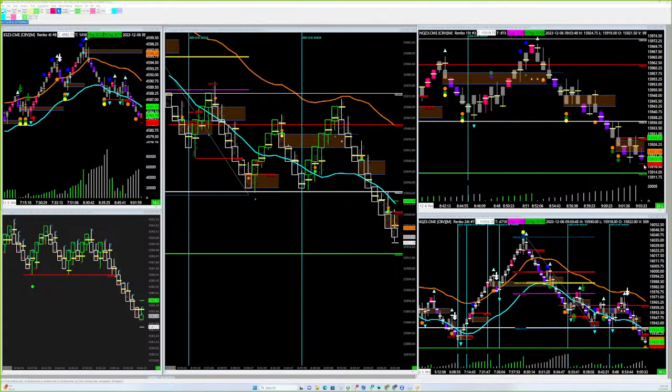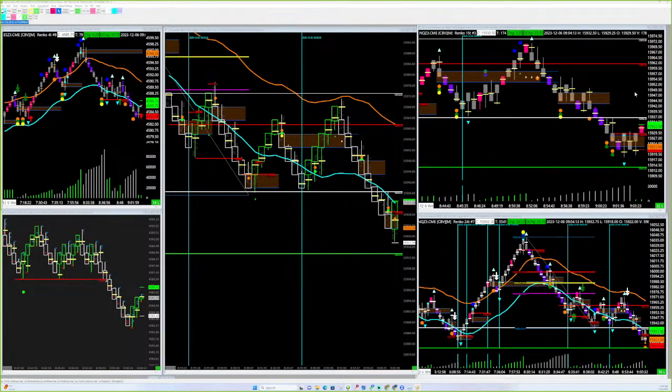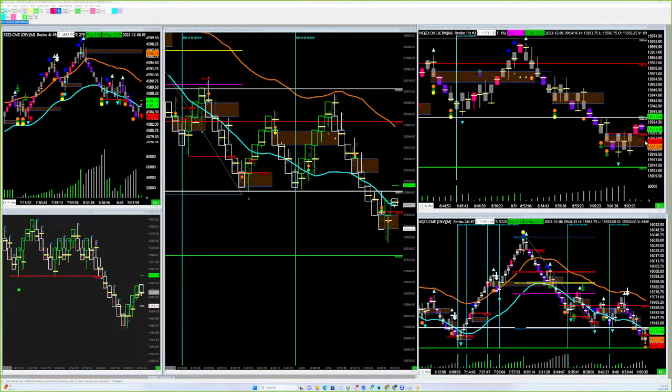So they're trying to tag that 13. You know, point of control above. Limit long 32. Stop 15 points. 16 points. 32, 22, 16. They may stop me, but I'm all right with that.